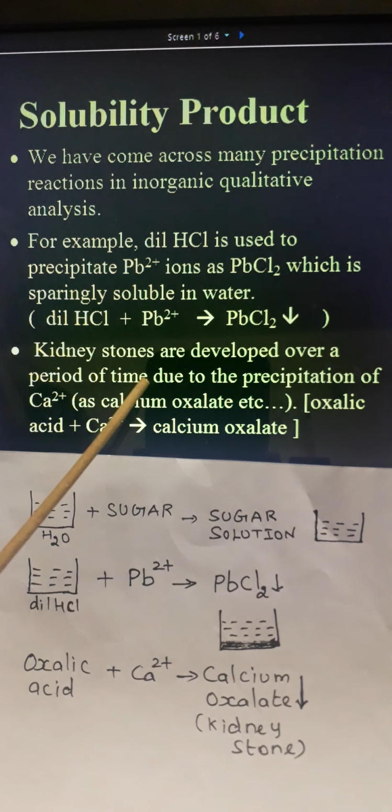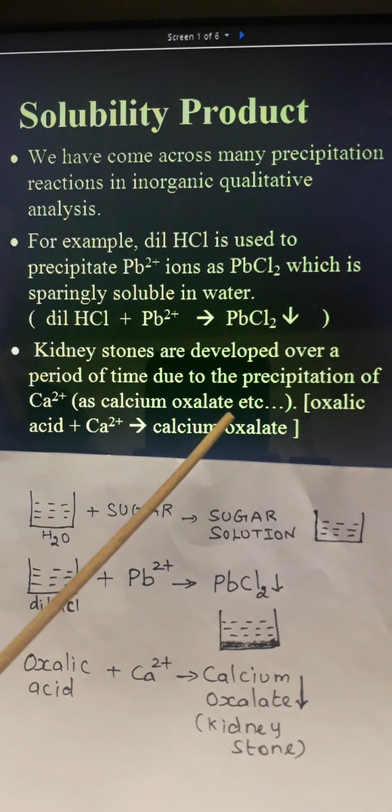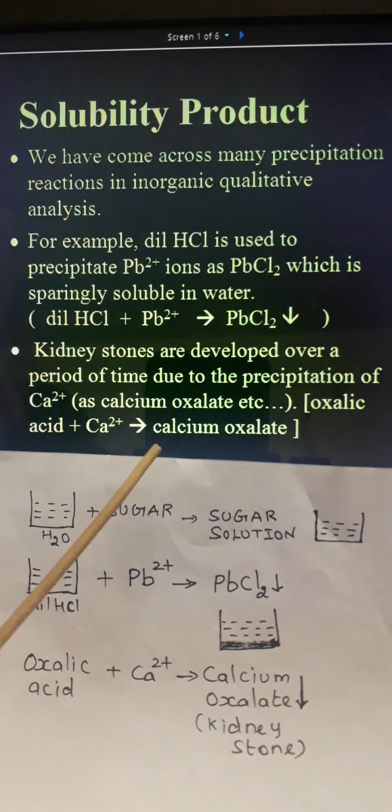Kidney stones develop over a period of time due to the precipitation of Ca2+ as calcium oxalate. Our body contains Ca2+ combined with oxalic acid to form calcium oxalate. This is said to be kidney stones.